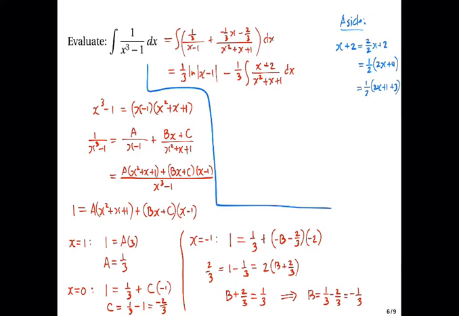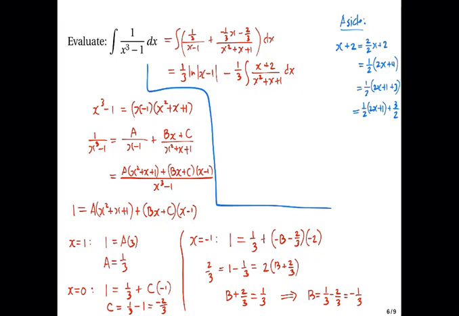And therefore, we can rewrite x plus 2 as 1/2 (2x plus 1) plus 3/2. Okay? Which means we can replace now x plus 2 by this expression, and therefore on this part here we can use the substitution rule, while on this part we use trigonometric substitution.